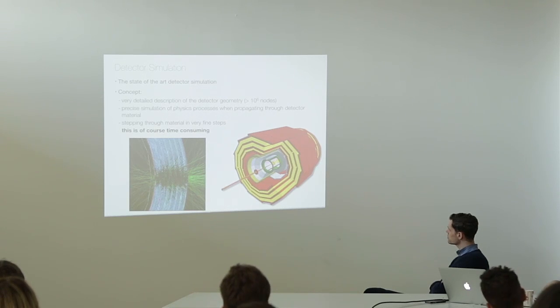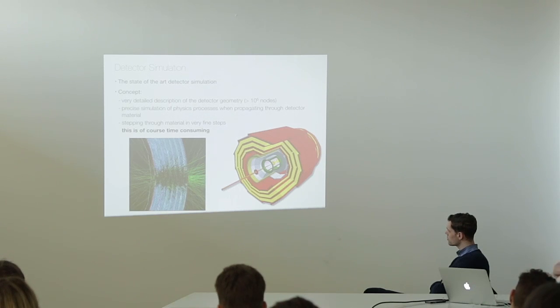So almost to the single screw level, and all the cables and whatever you can think of is described in a 3D model. And then we have a very precise engine that propagates the particles through and tries to simulate how they interact with the detector. And if you look at the little picture on the left side, this is actually what you see.